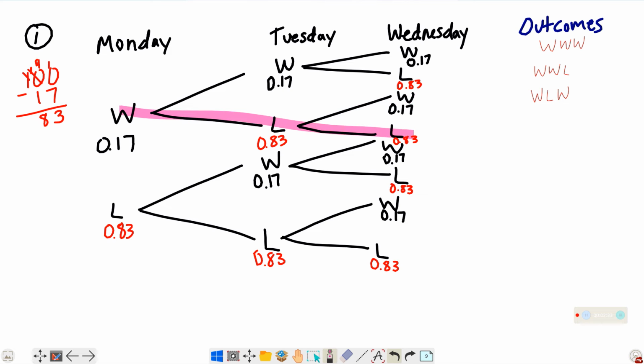Win, lose, lose. Lose, win, win. Lose, win, lose. Lose, lose, win. Or lose, lose, lose.